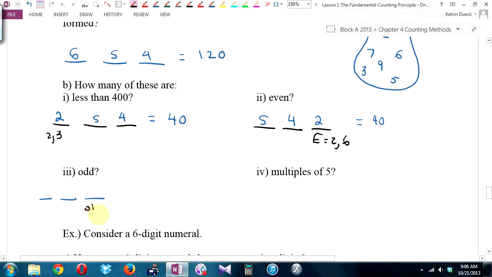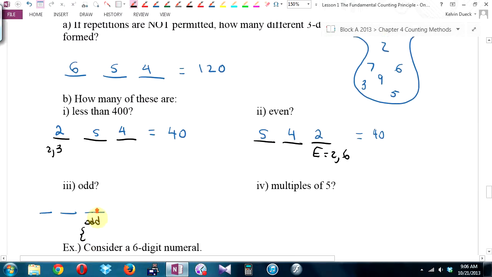I want it to be odd, which really means I can have a 3, a 5, a 7, or a 9 on the end, right? Which I'm pretty sure is 4 choices for that number. Okay, I stuck an odd number there. I pulled it out of the Scrabble bag. How many are left?